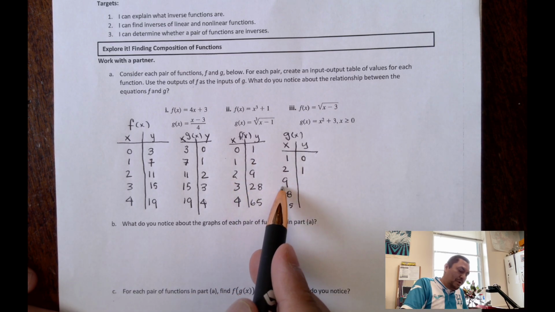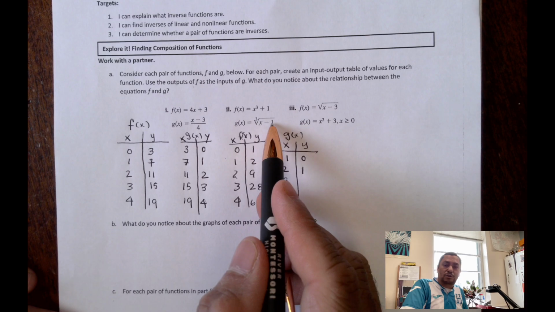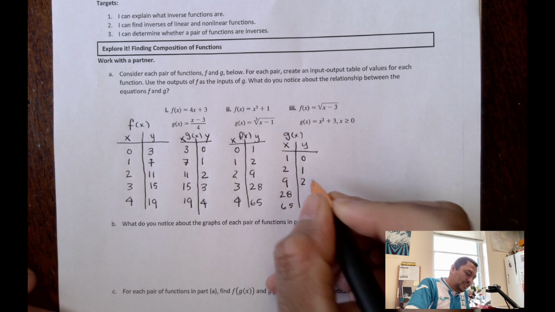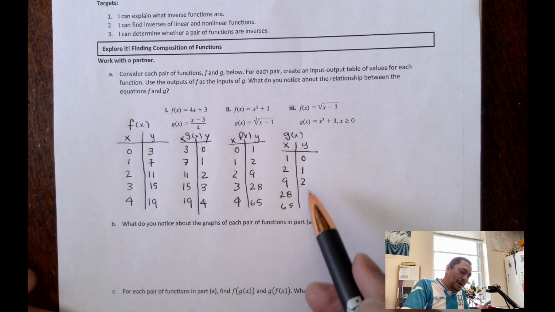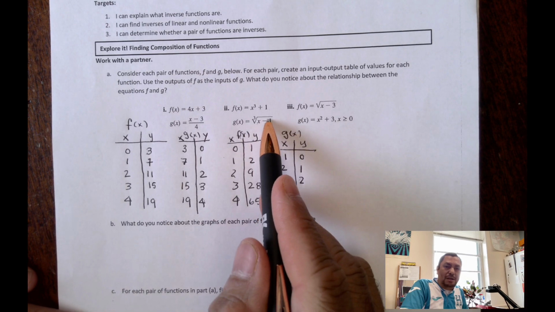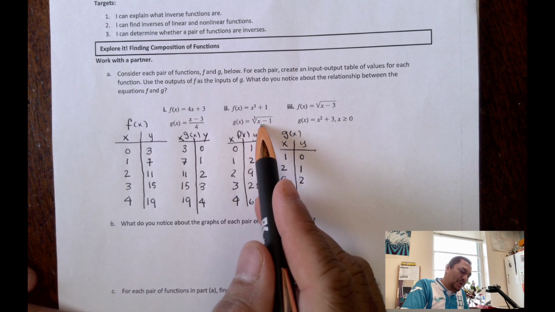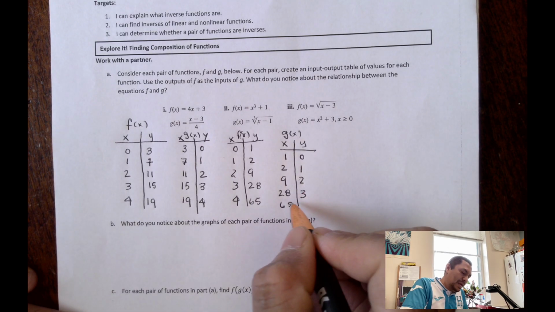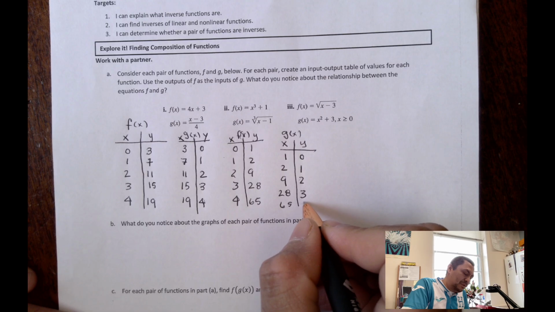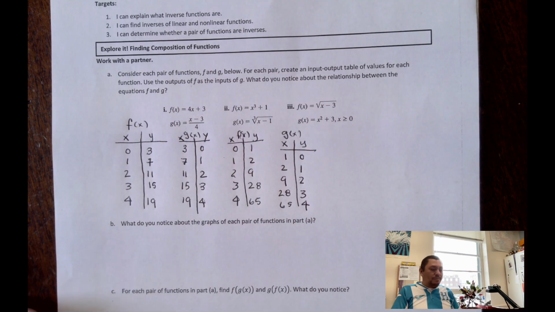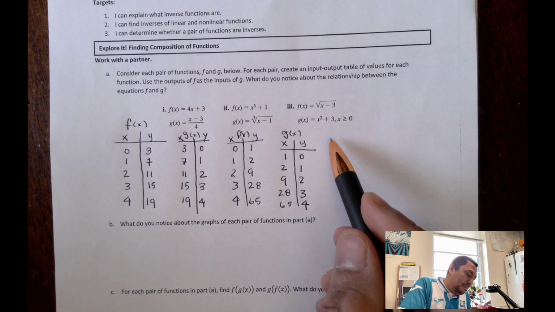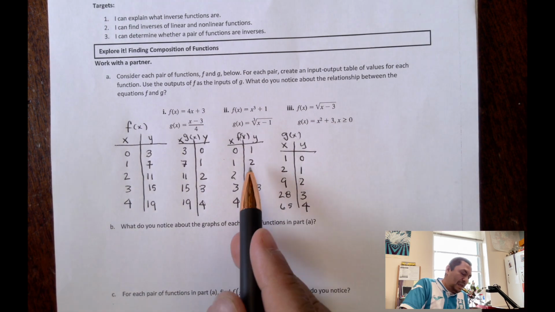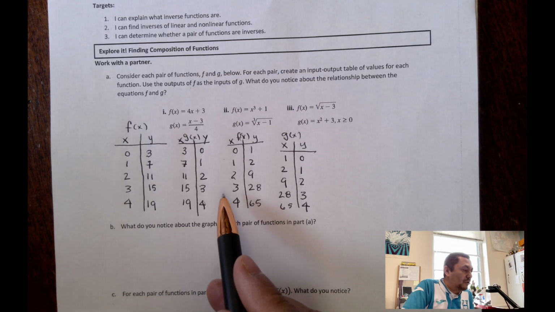Now I go with 9. 9 minus 1 is 8. Cube root of 8 is 2. So 28 minus 1 is 27. Cube root is 3. And then finally 65 is going to give 4. Okay, I now have the same values on the other side.